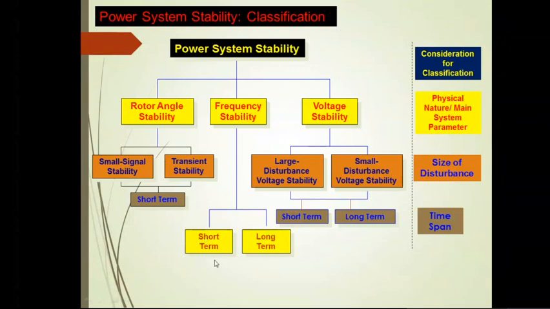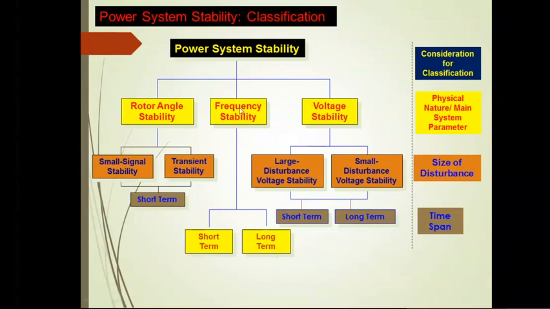In the case of short-term frequency stability analysis, the time duration can be in the range of 5 seconds up to 10 seconds, 20 seconds. However, for long-term stability analysis, when we have the secondary control loop in operation, we can have several seconds to a few minutes, 1 minute, 2 minutes, or 3 minutes as well.